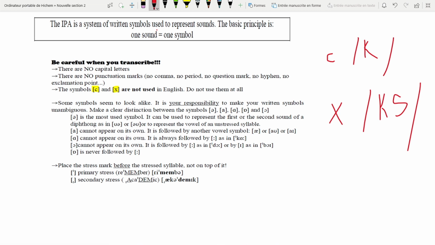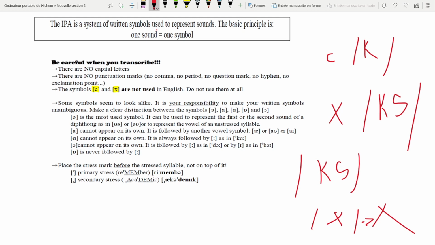For instance, if we take the word extraordinary, the X here is like this. Okay, we do not transcribe it this way. This is wrong. Okay, so this is very important when you are dealing with transcription, because I'm sure that your teacher will try to lay some emphasis upon these things, but just in case you do not know it, you can take the information from here.